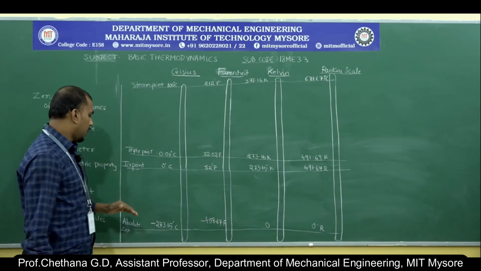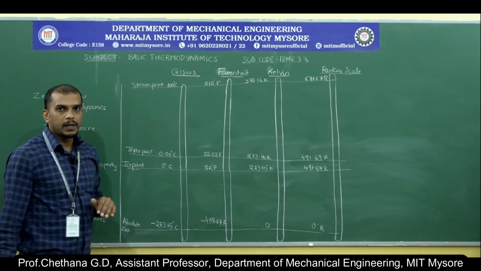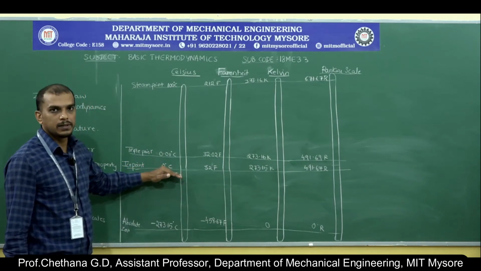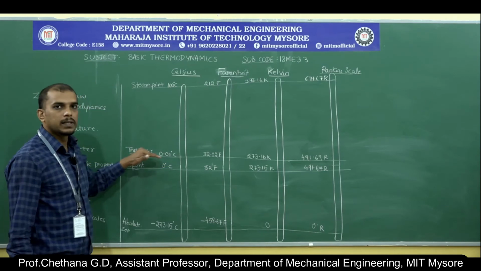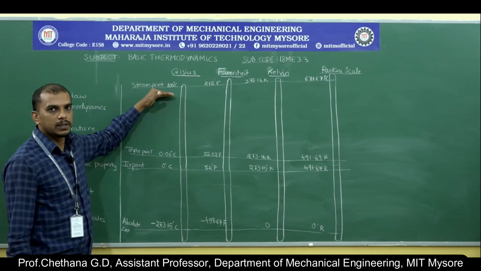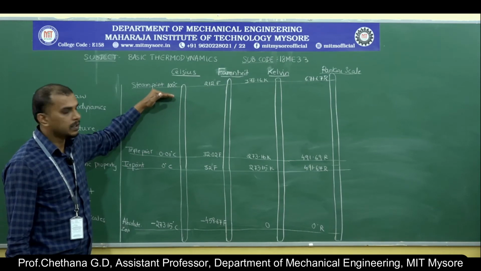So, in Celsius scale, ice point is 0 degree Celsius, triple point is 0.01 degree Celsius and steam point is 100 degree Celsius.